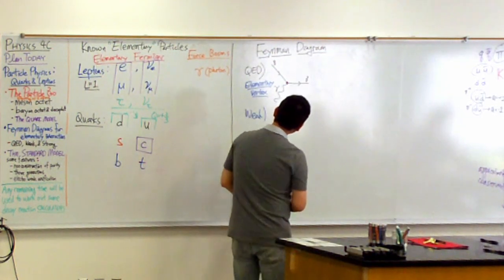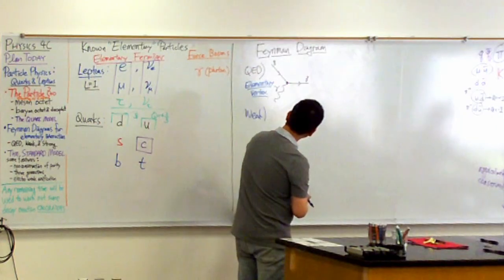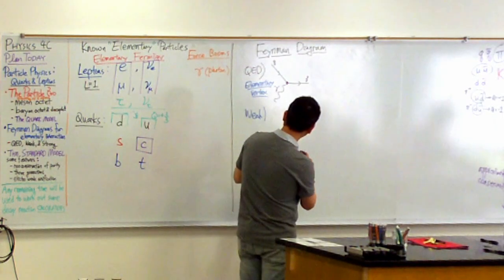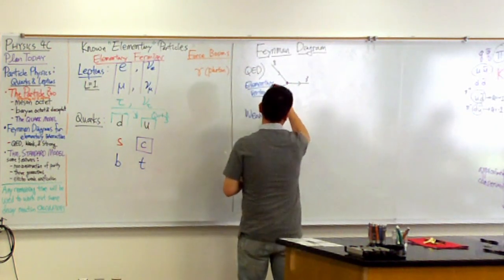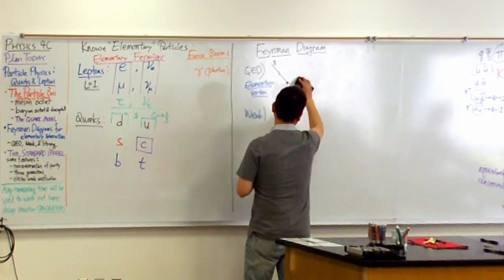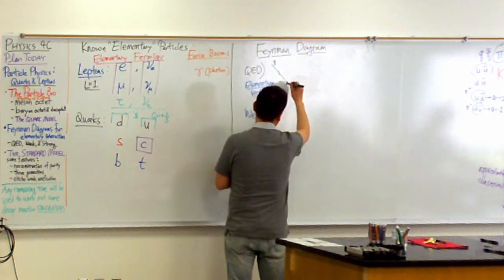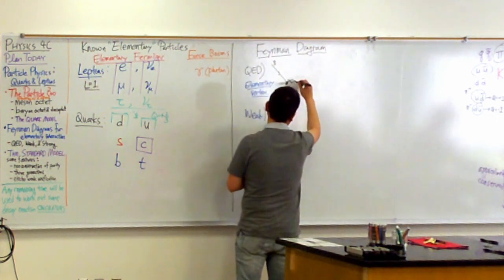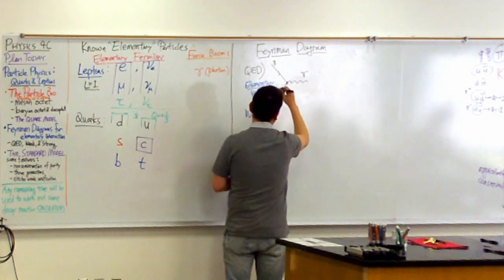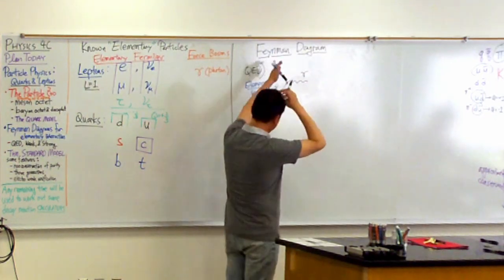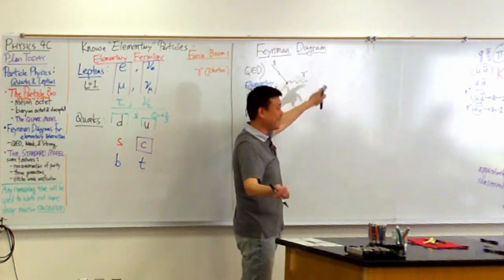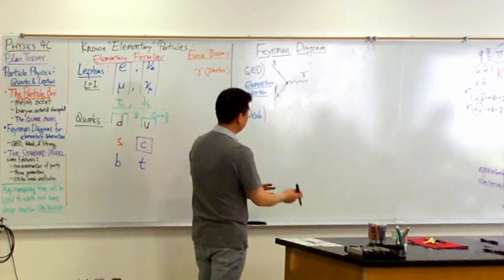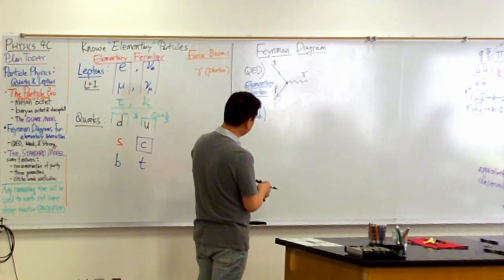So actually, let me turn this around. I don't like how this looks. For comparison purposes, it's a lot easier if I have this version instead, so that it's particle and antiparticle turning into a force mediator. That's an easier version to do in parallel.